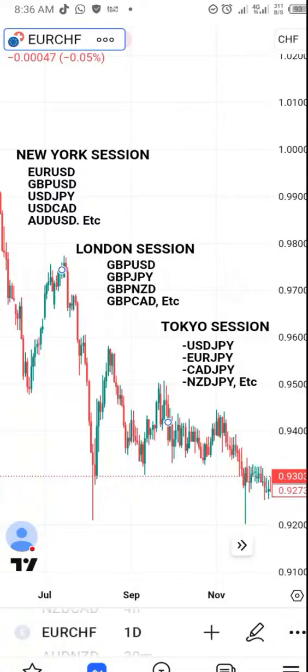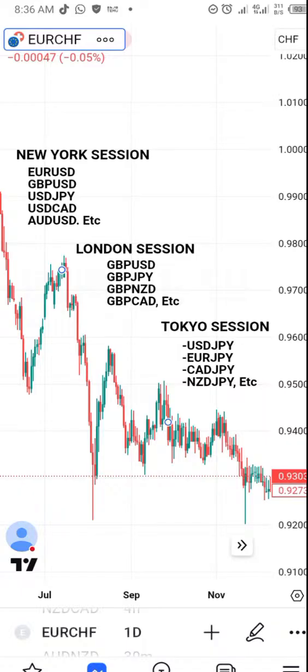And as I said, one of the factors is the session of the market. Know the session you're trading with. That session will help you know the best asset to trade. Don't trade randomly. If you're trading, say, 8 a.m. in the morning, you should find out what session that is. That is simply the Frankfurt session.